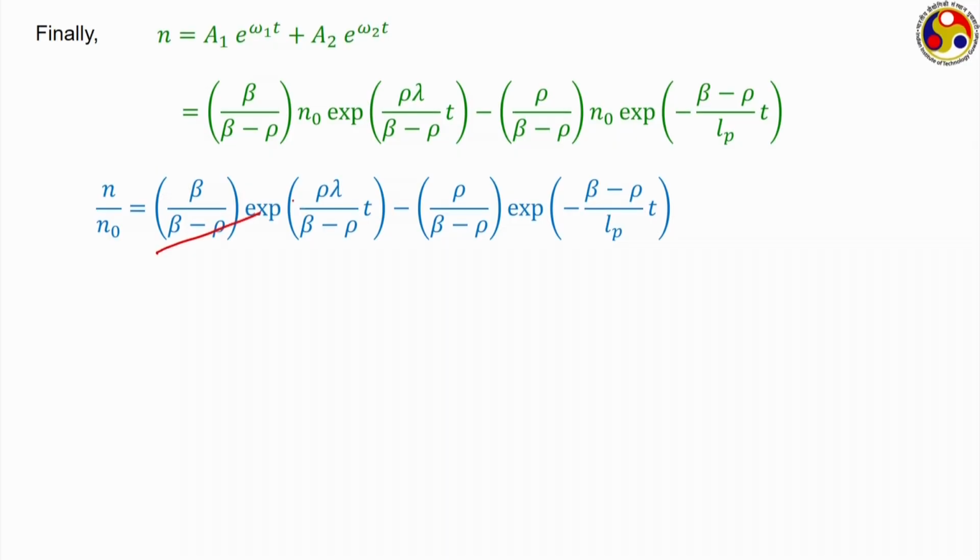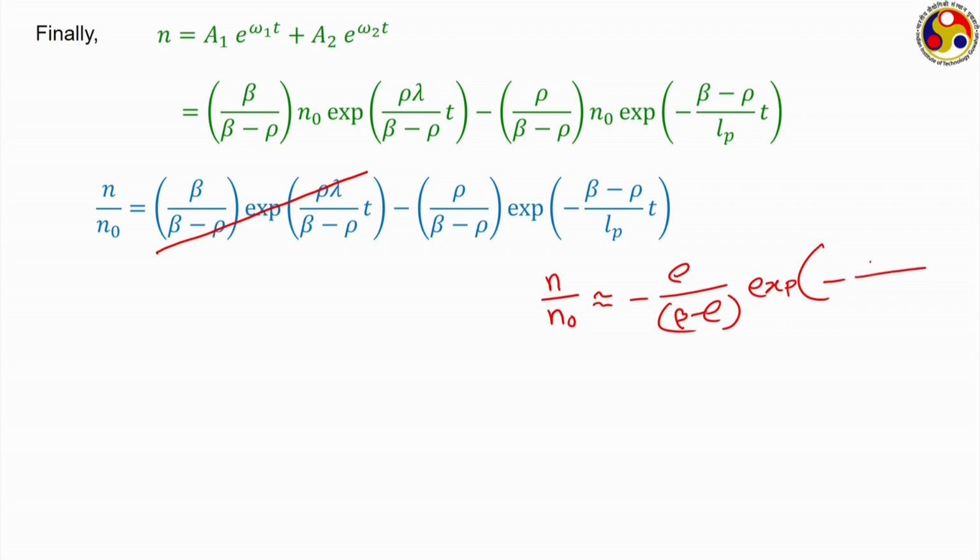Now, omega 1 being such a small quantity compared to omega 2 as per our assumptions, let us completely neglect this term. In that case, n upon n naught is approximately equal to minus rho upon beta minus rho into exponential of minus beta minus rho upon L p into t. Let us analyze this particular term.